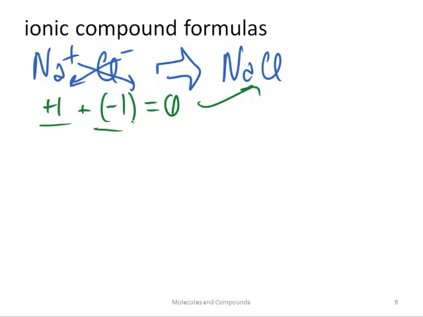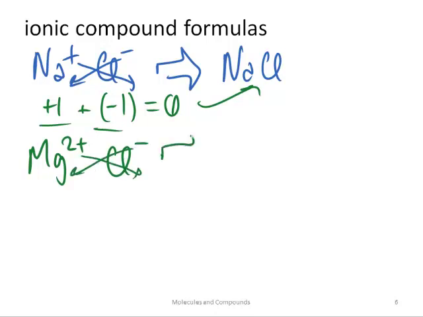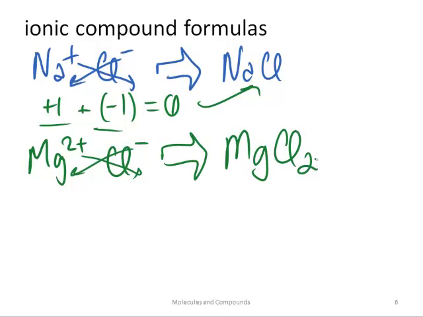So let's do a formula for magnesium chloride, Mg and Cl. Well, we know Mg, magnesium, is in group 2, so that's a 2+ charge. Chloride still has a -1, so the 2 is going to come down here, the -1 is going to come down here, and so that's going to give us magnesium chloride, MgCl2. And you can see that if this has a +2 charge, it's going to take two -1 charges to cancel it out.